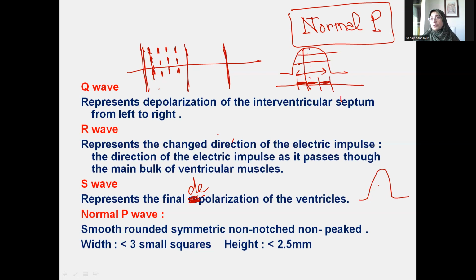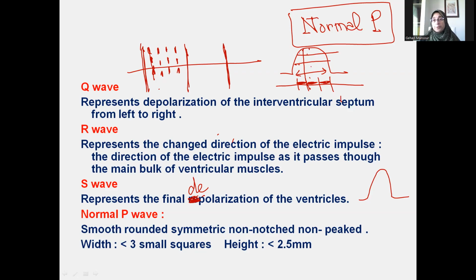And this occurs whenever you have pulmonary hypertension, whenever you have elevation of the pressure in the pulmonary artery following chronic hyperflow through the pulmonary artery. Just say pulmonary hypertension. Of course, this is a higher level of difficulty, and most probably you will not be asked about the cause of tall peaked waves, but you have to know that this is not a normal P wave.